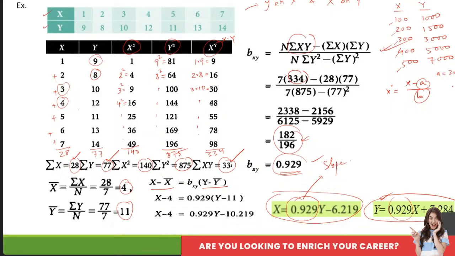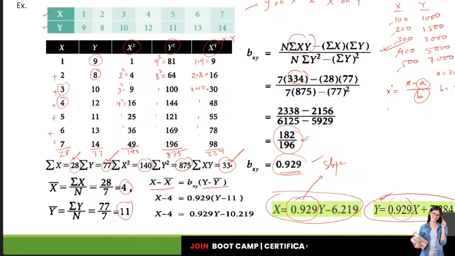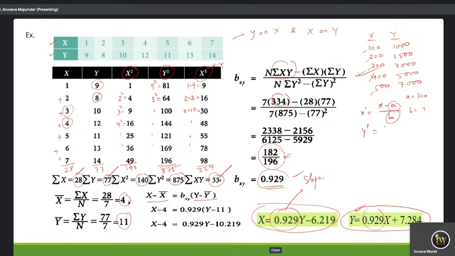Similarly, b equal to some constant value, and the value of x can be reduced like this. Similarly, the value of y can also be simplified like y minus a dash by b dash. You can choose a dash and b dash according to yourself.